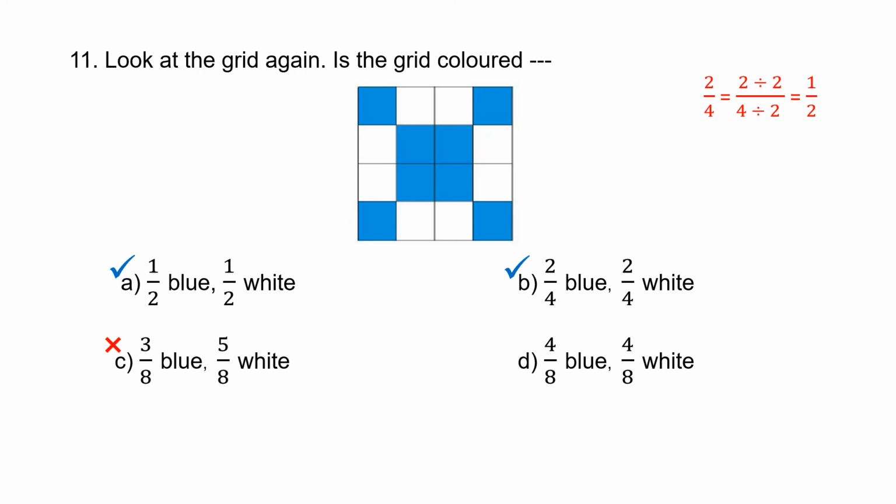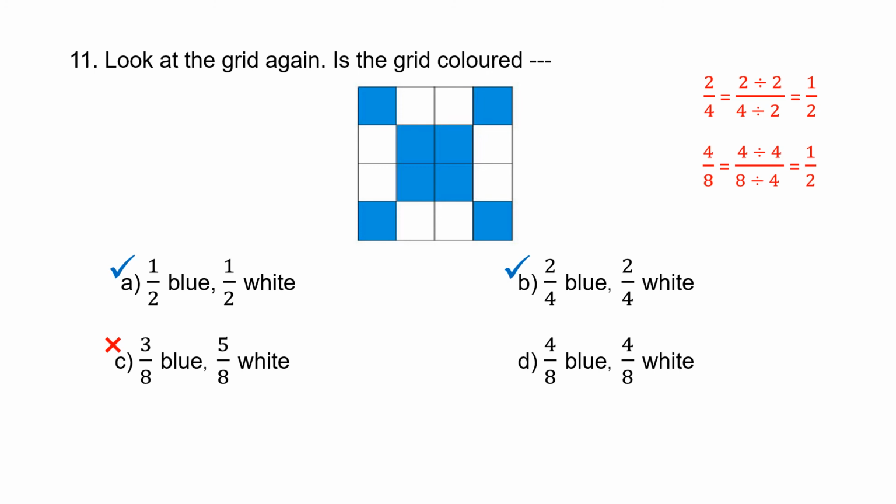Let us see the option D. 4 by 8 blue, 4 by 8 white. Let us simplify the fraction 4 by 8. Again, divide the numerator and denominator by the same number. Here we are dividing by 4. 4 divided by 4, 8 divided by 4.